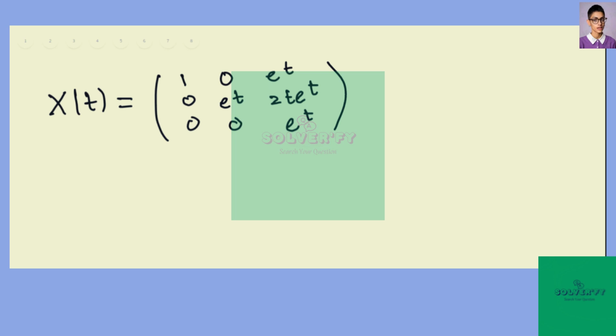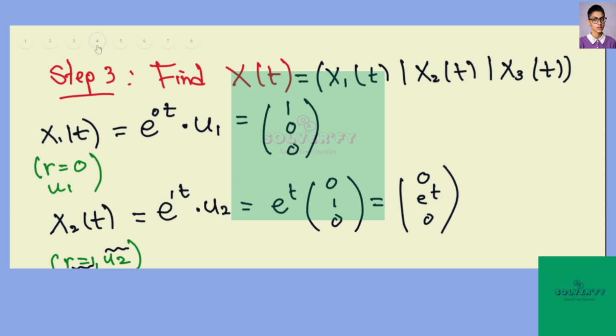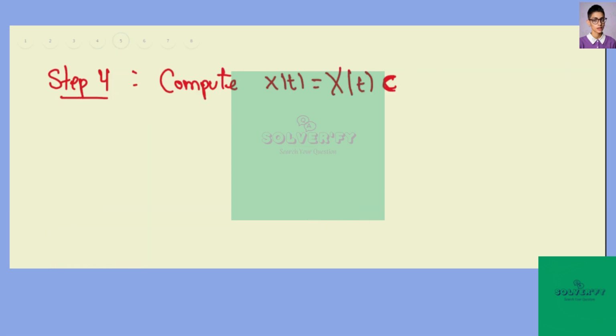So this is our matrix X(t). Then to find the general solution to the system, we need to multiply this matrix by the column vector of constants C1, C2, and C3.